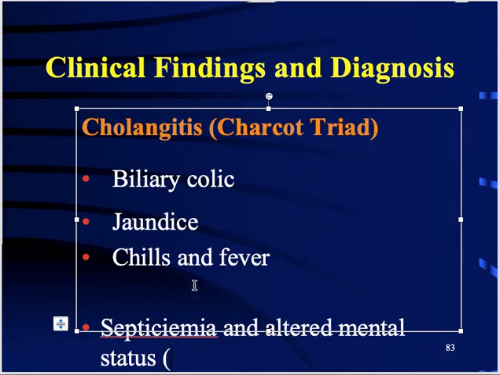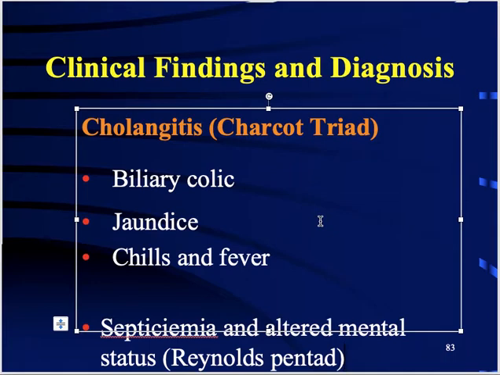These five things, one, two, three, four, and five, are called Reynolds' pentad. This is a triad, this is a pentad. Fever, jaundice, pain, septic shock, and mental status changes are collectively called Reynolds' pentad.